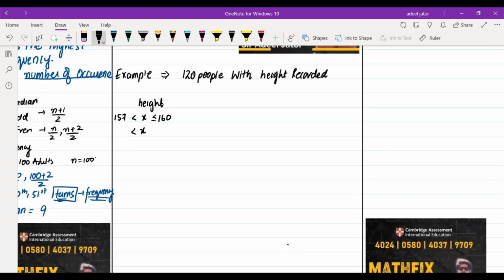Then we have from 160 to 163. Then from 163 to 166. Then 166 to 169.